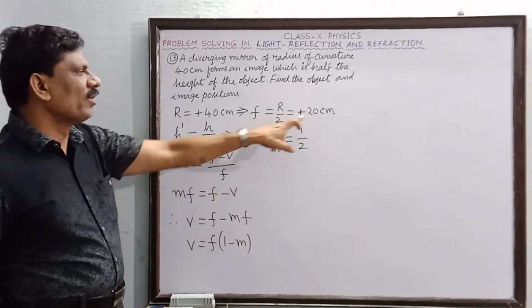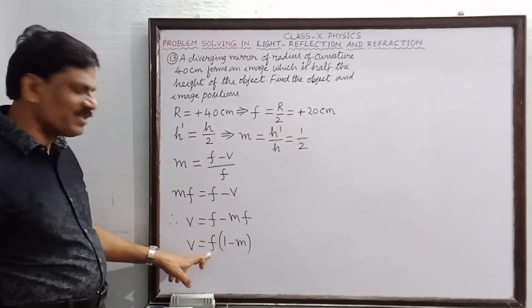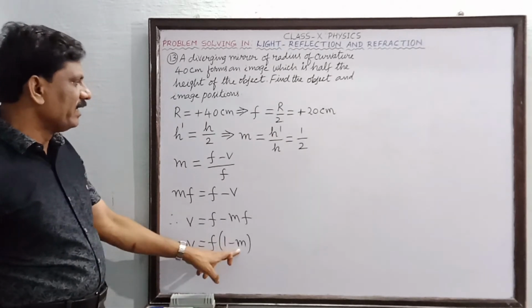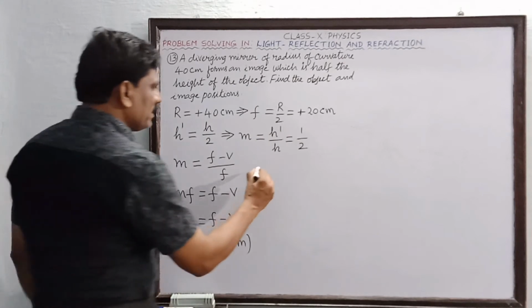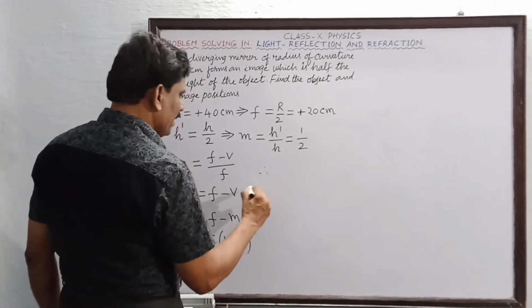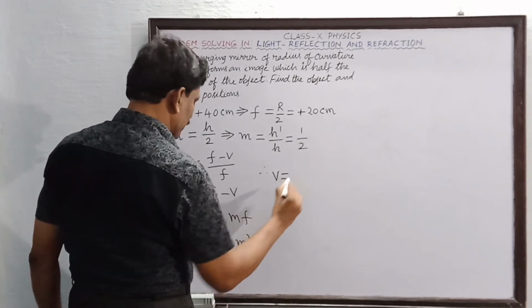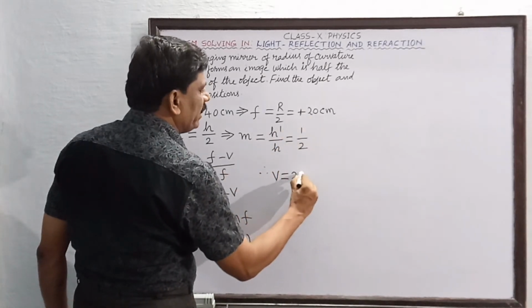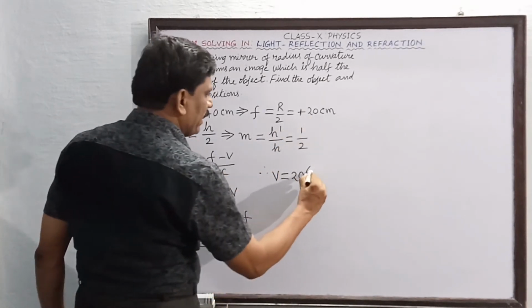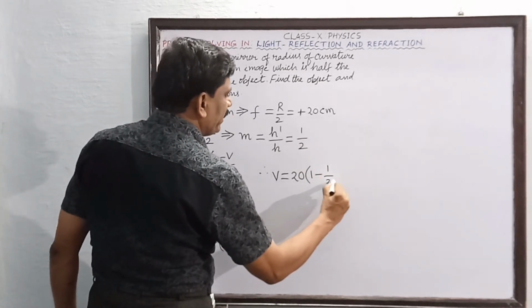So we are given the focal length is plus 20. I am going to substitute here focal length, and m is equal to what? 1 by 2. Okay students? Therefore now you see here v is now equal to, in place of f I am going to substitute 20 into 1 minus 1 by 2.